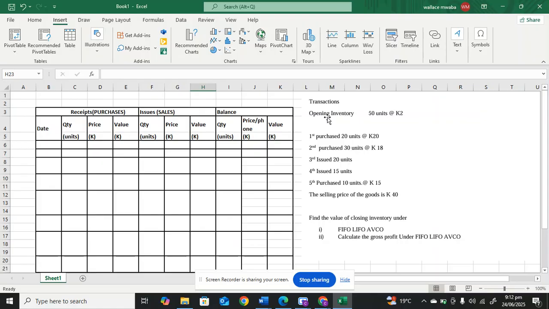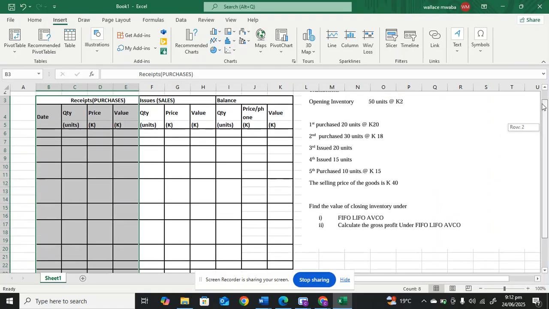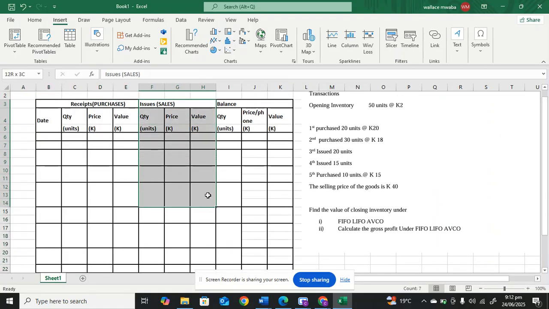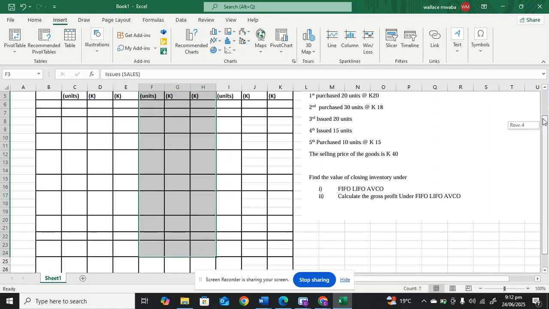We have opening inventory, 50 units. They're valued at 2 kwacha per unit. In our stores ledger, we've got three main columns. We've got the receipts column, receipts also called purchases. That's one column. You've got the issue or sales column, and you have the balance column.